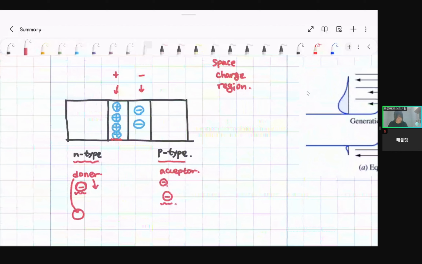So I draw it like this. And this is the equivalent state.